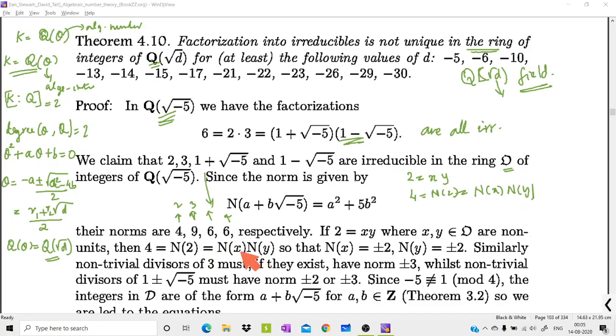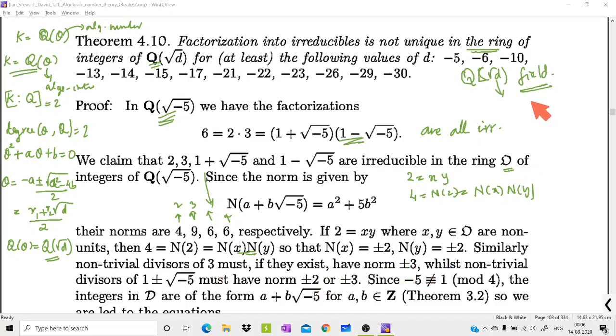So 4 is equal to N of x into N of y, so that N of x is equal to plus or minus 2, as this norm is always a rational integer, an element of Z. So the only possibilities for N of x are plus or minus 2, and N of y is plus or minus 2 again. Clear?